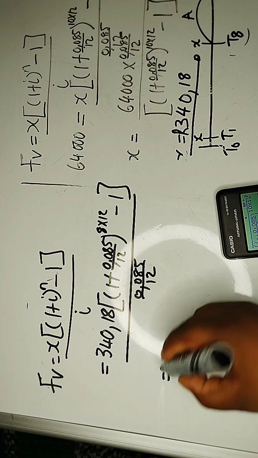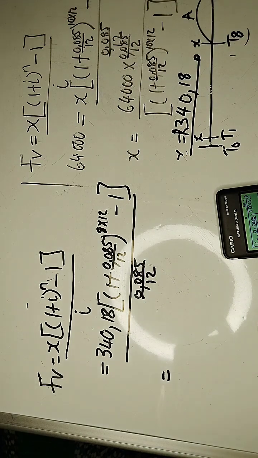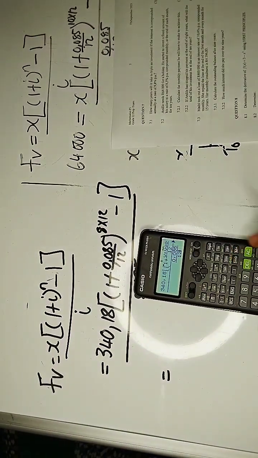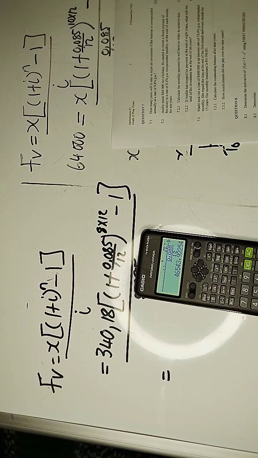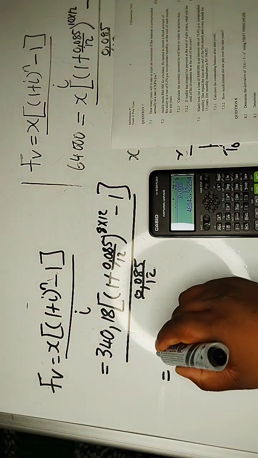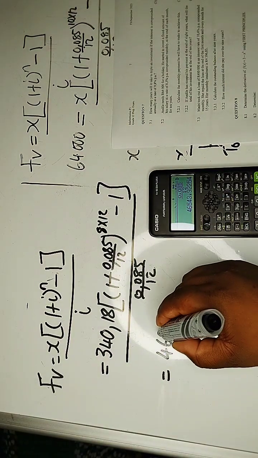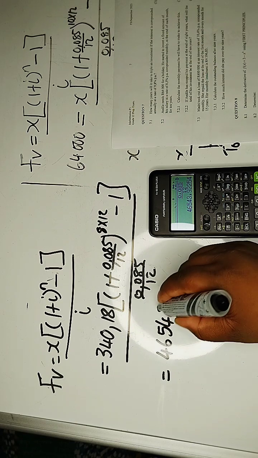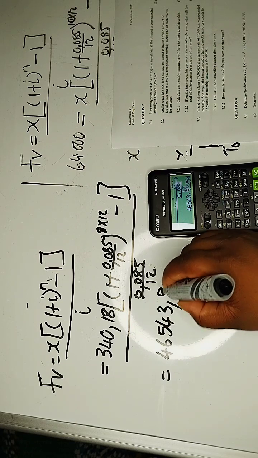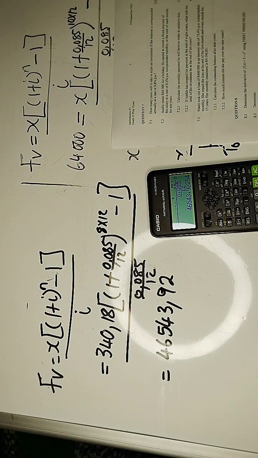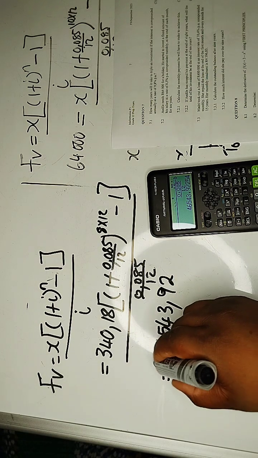Then we punch this in our calculator. We get the amount of 46,543,92. This is the amount you get for 8 years.